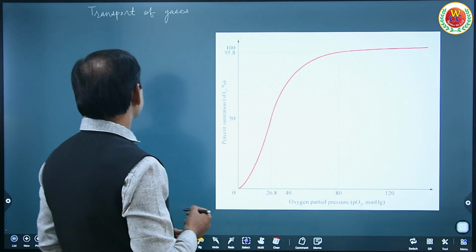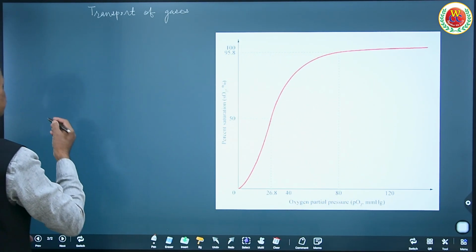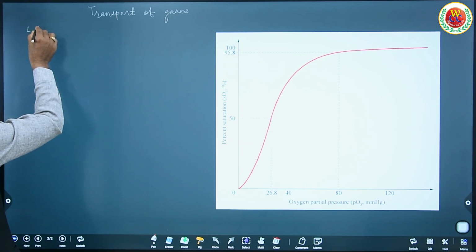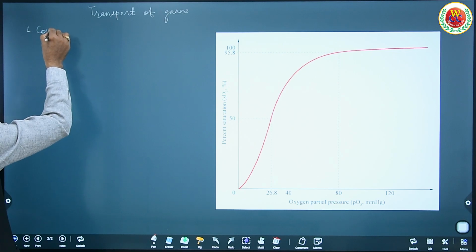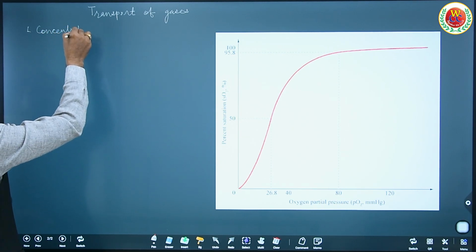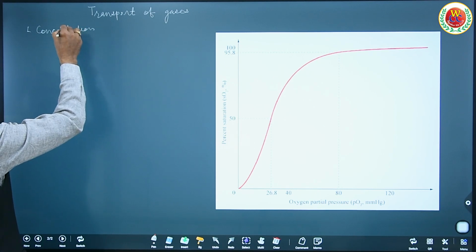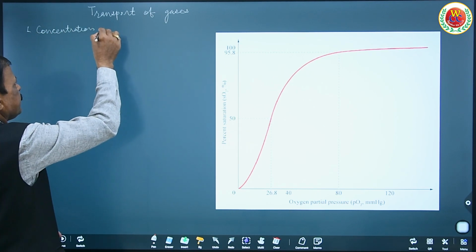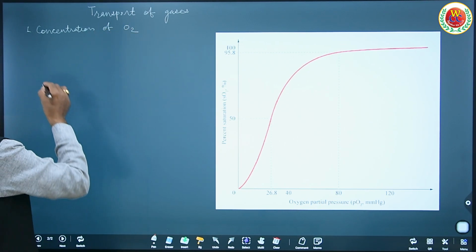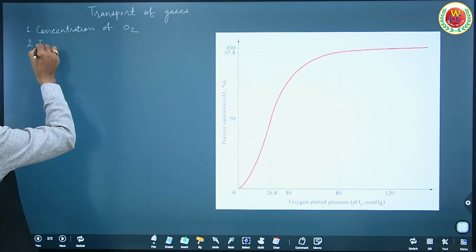One condition required for oxygen to associate with hemoglobin at the site of lungs is the concentration of oxygen, and second is temperature.